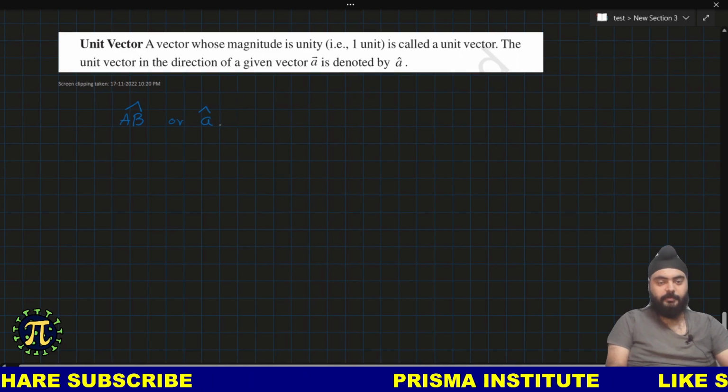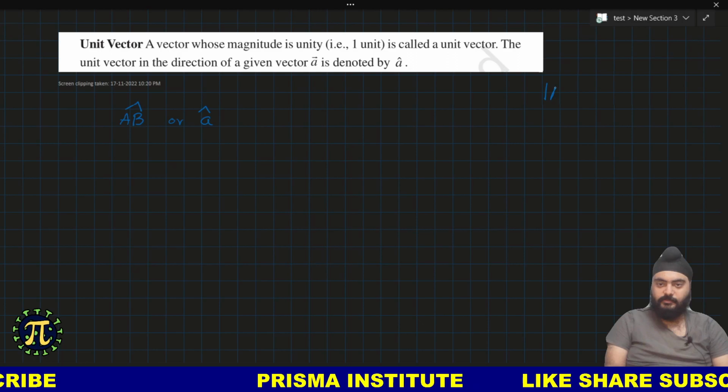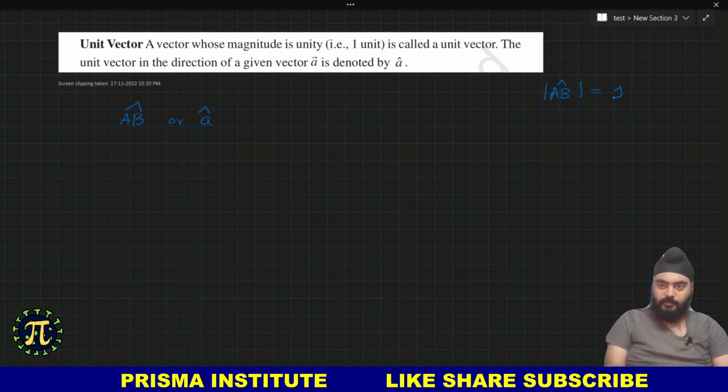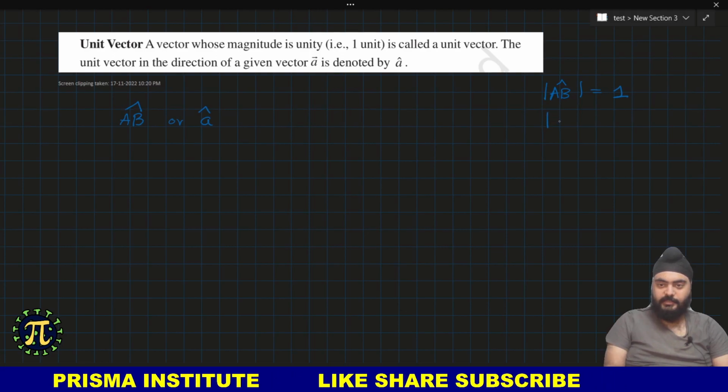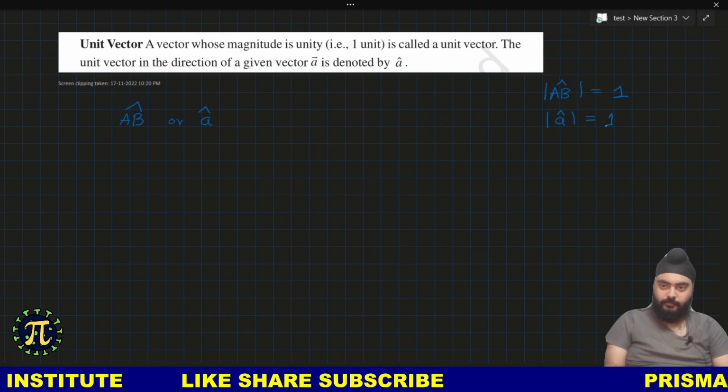So the cap represents that it's a unit vector. A unit vector has the property that its length is 1. Any vector which has length 1 is a unit vector. A cap has length 1.